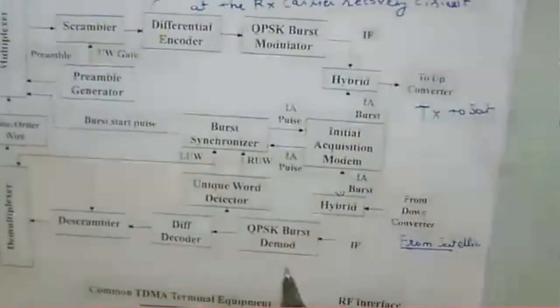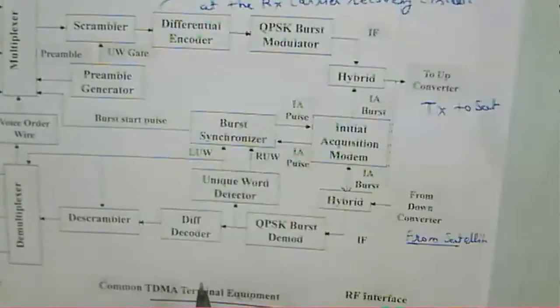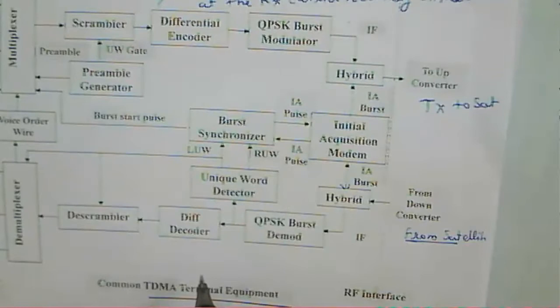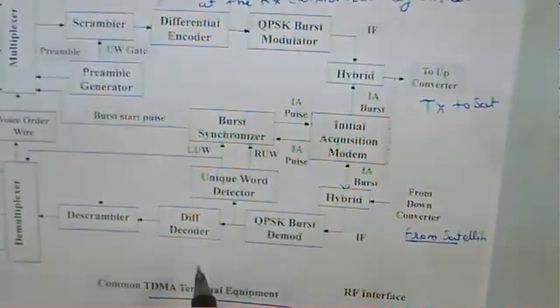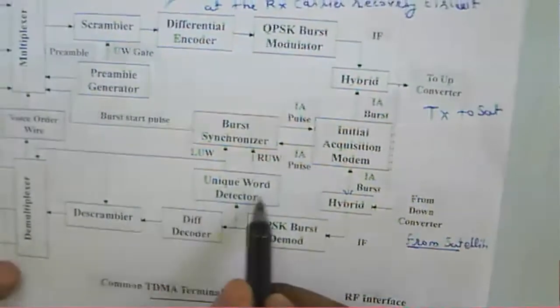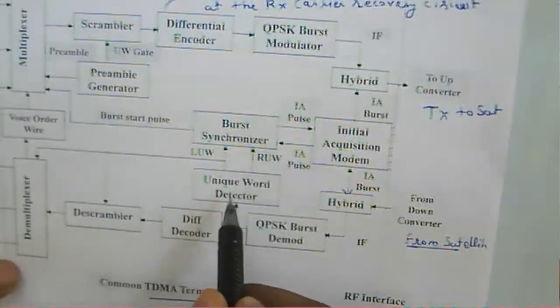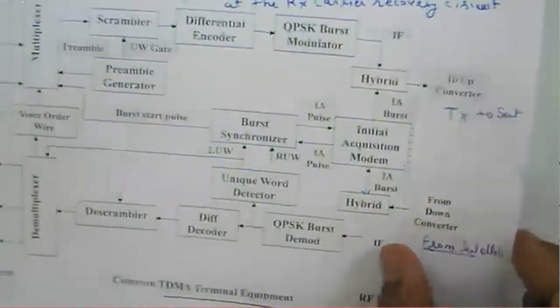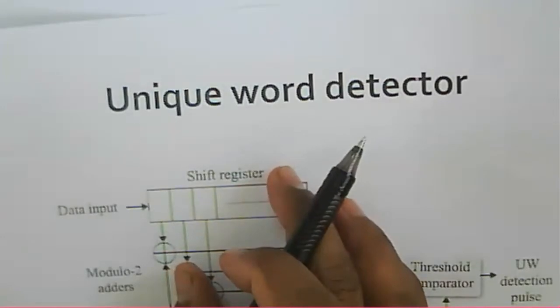Then another component of this TDMA terminal equipment is about a unique word generator. So you can say a unique word detector, not a generator. It is about a unique word detector.